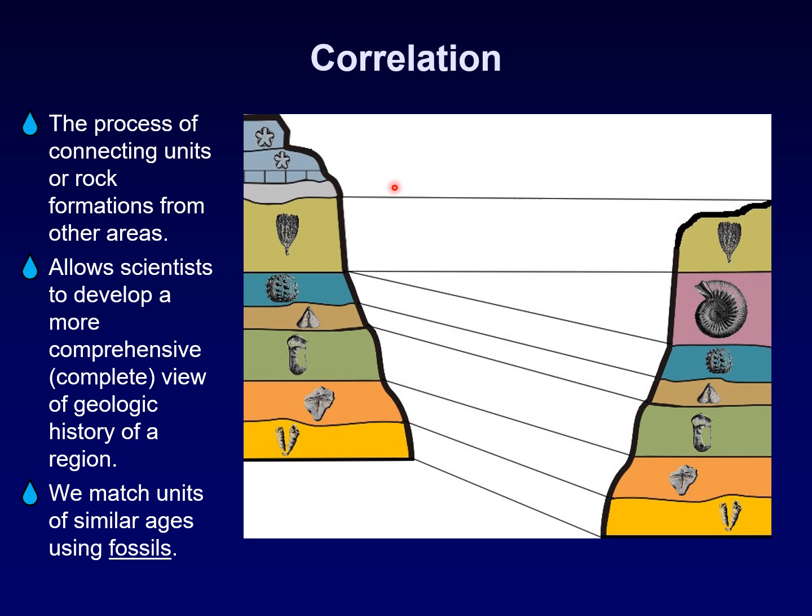Okay, so this is that process of correlation. And the more you can correlate layers, the more you get a comprehensive or complete view of the geologic history of a region.